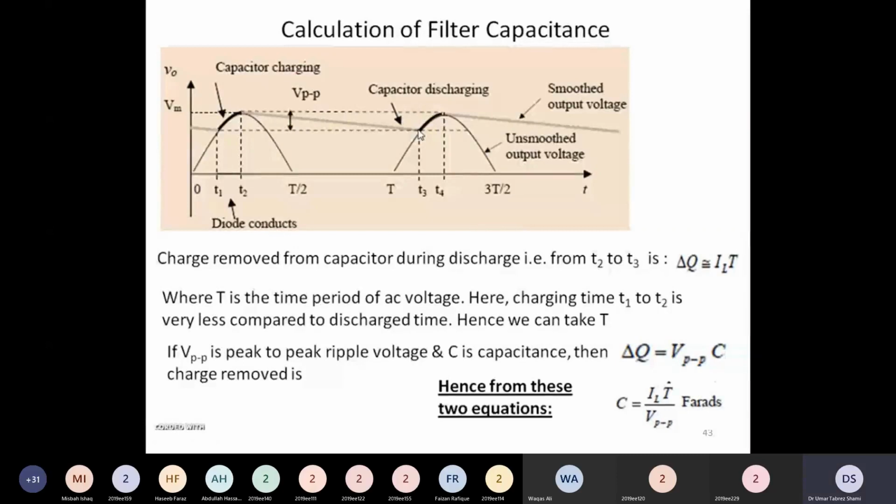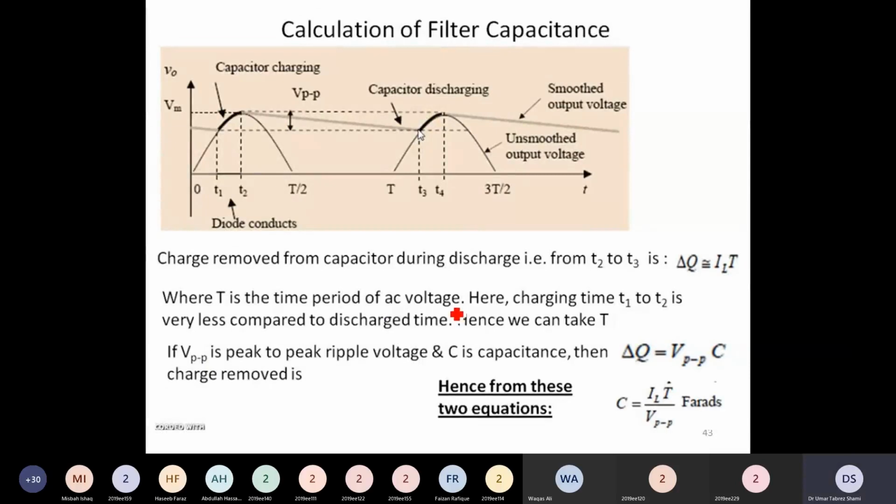So to look into the mathematical dynamics, the charge removed from the capacitor during discharge, that is from time t2 to t3, is delta Q equal to IL into T. This is a quite straightforward formula: the current multiplied by the time during which the discharge occurred gives us the total charge removed, where T is the time period of the AC voltage.